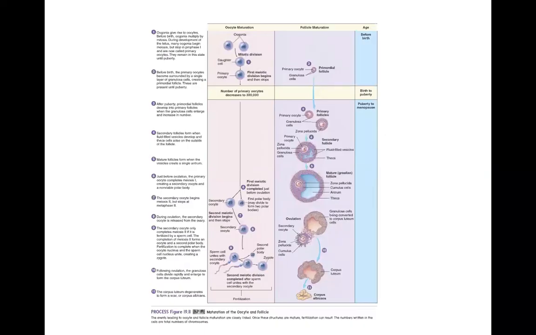So just a review again, and we will then go into further detail. As I said, this is oogonia, the stem cells. Then they divide to form the primary oocyte, and the first meiotic division begins and then stops here, in prophase 1, and at birth they are released as such.